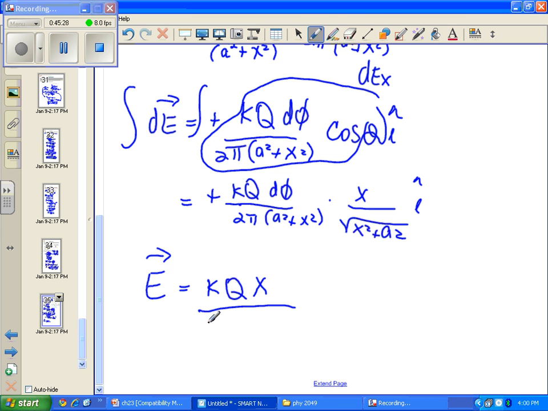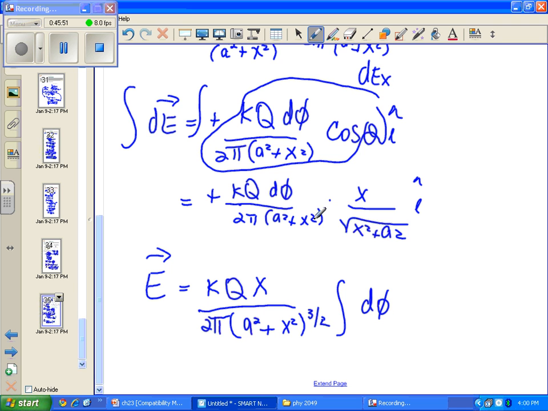Remember, x is a constant here. Don't be fooled by the fact that they used x. In fact, it would have been better if they would have used like the letter d or the letter b, anything to prevent us from being confused about what x really represents and which is a constant.